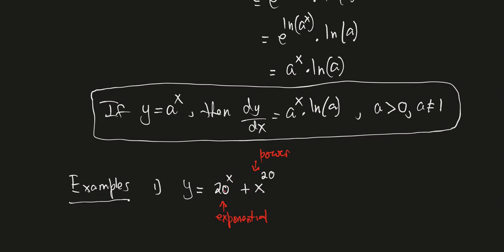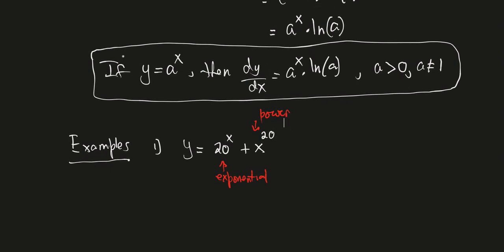In an exponential function, the variable x is in the exponent. In a power function, the variable x is in the base, and then that base is raised to a fixed power. And they both have different rules. To differentiate this term, we're going to have to use our new rule, and to differentiate this term, we'll use our standard power rule. So let's write down what the derivative is for this function.